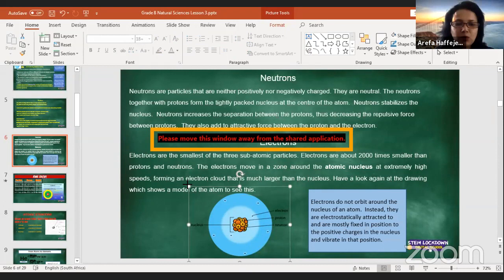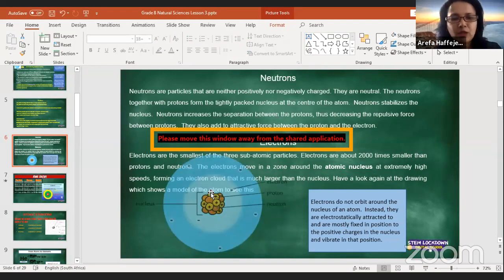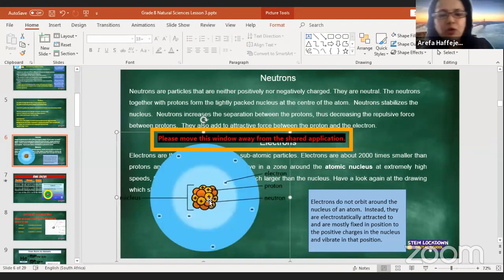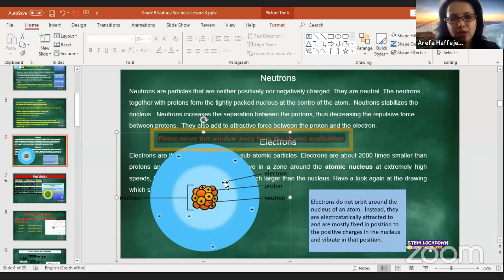So basically what that means is, if we have positive protons in the nucleus here, for each proton we have an electron which is in the orbit, and they basically move in harmony with each other. So they move in a fixed position around the nucleus.